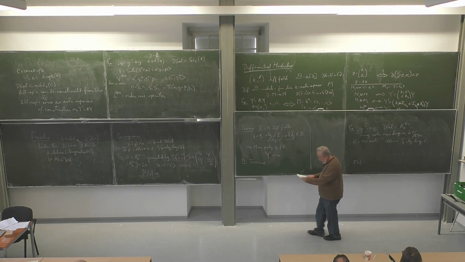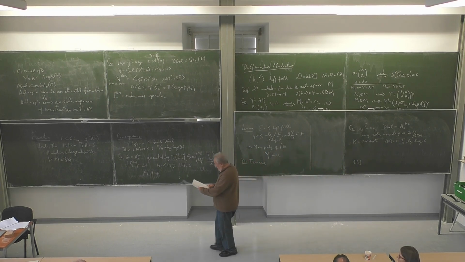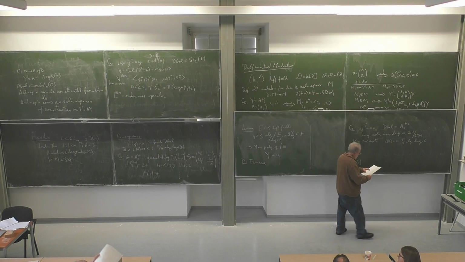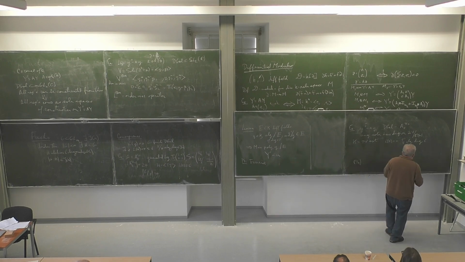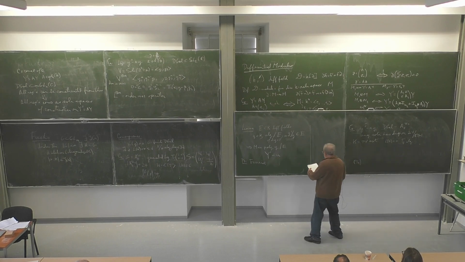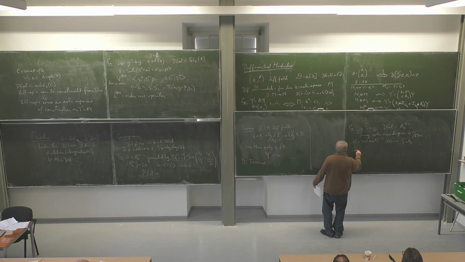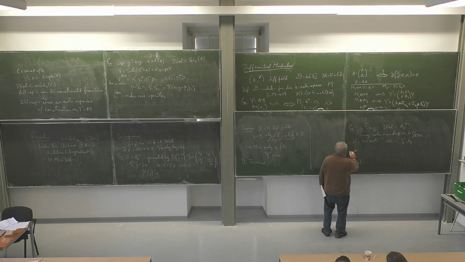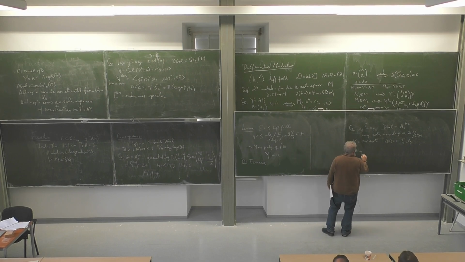I'm going to get things completely backwards in a second. Let me write down the intermediate steps. So I have z in here. I have z prime over z in here. And I have that this is 6.